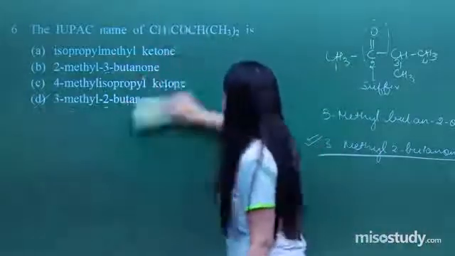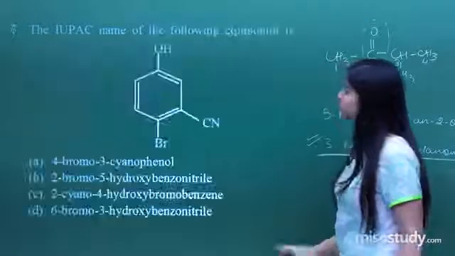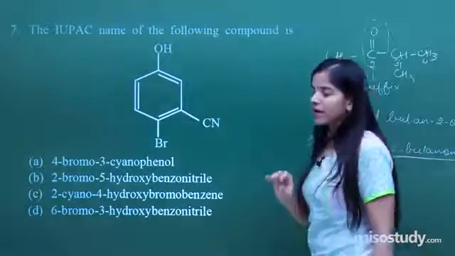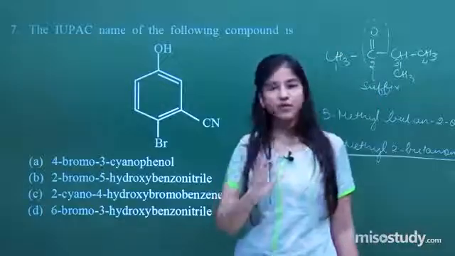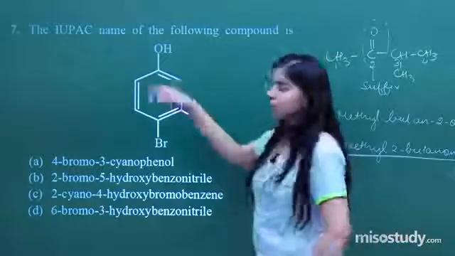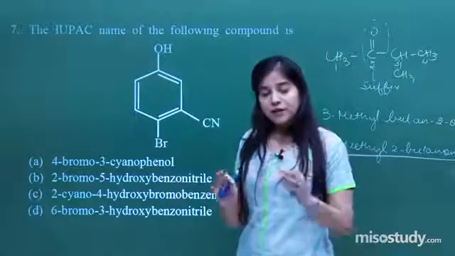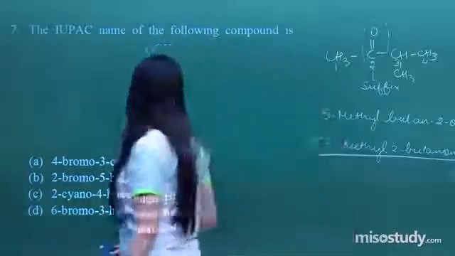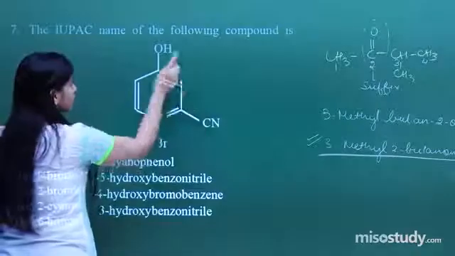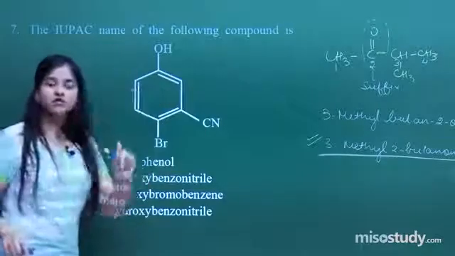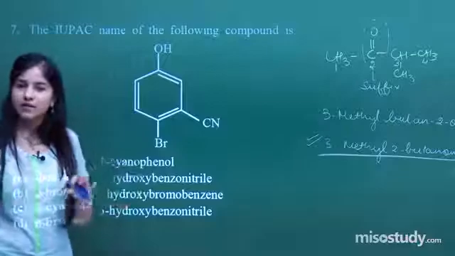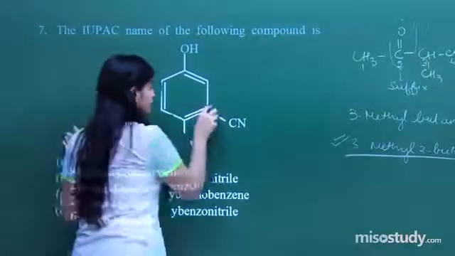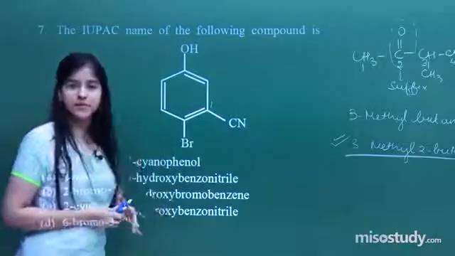What does the next question say? Again, the IUPAC name of the following compound. I need to have a proper IUPAC name. Now that's a very typical question. I've got an aromatic ring. I will be assigning number 1 to what? If you see over here, I've got a cyano group and an OH. The nitrile group is always of higher priority.